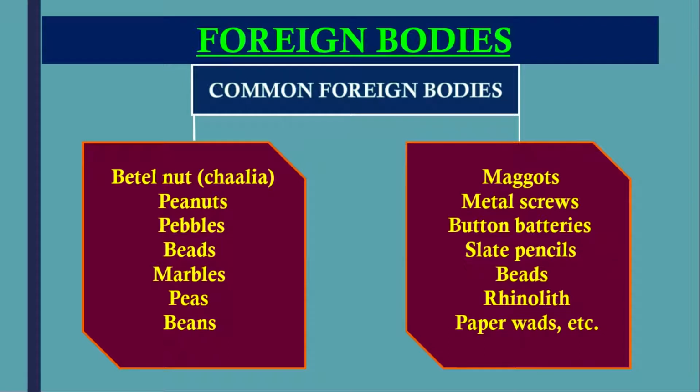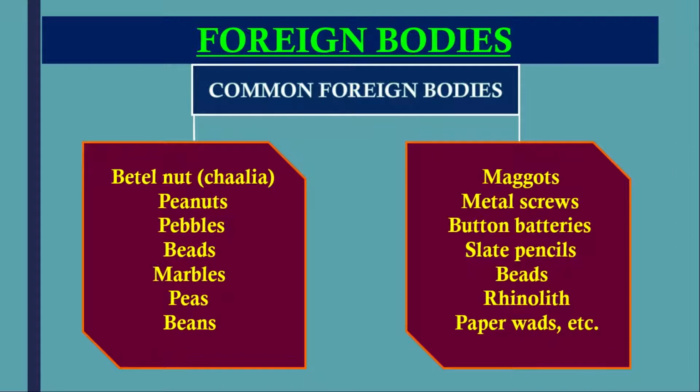Now, among all the foreign bodies, the most common type in our country is betel nut, also called CHAALIA. The next most common is peanuts, whereas peanuts is the commonest type of foreign body in the Western world.